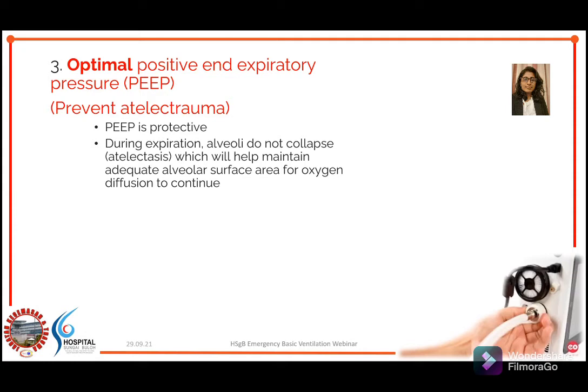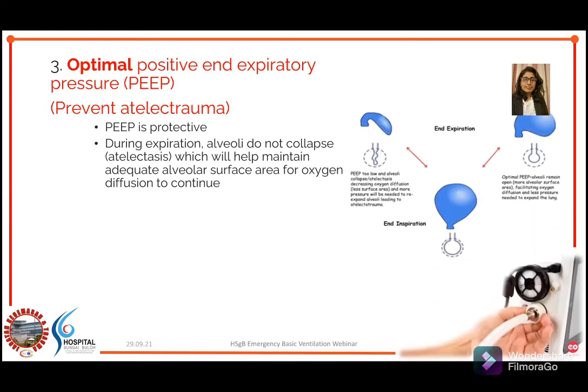Next, we look at getting the optimal PEEP. This is to prevent your atelectrauma. So as we all know, PEEP is protective. During expiration, the PEEP makes sure that the alveoli do not collapse, and this therefore will maintain adequate alveolar surface area for adequate oxygen diffusion to continue. If you can imagine this, the lung is like a balloon, okay?